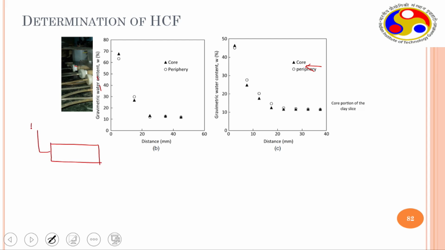If it is connected to a water reservoir, you expect that the flow distribution is something like this or something like this. If that is so, if I cut here and here, there will be a difference in the water distribution. If I see the core and periphery, almost the same. That means water distribution is going like this, right? I require the minute details to use my 1D model.